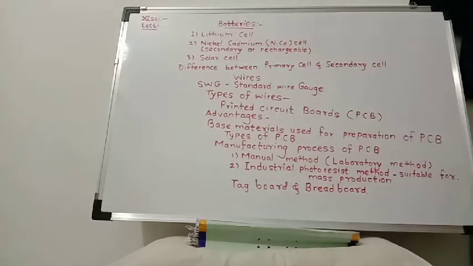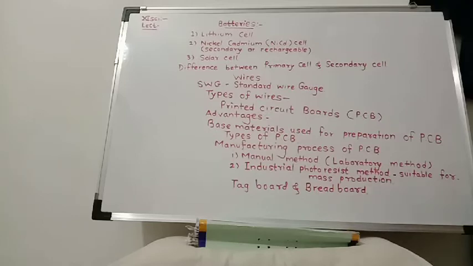So we know that when a number of cells are connected in series, then a battery is formed. Battery is formed by connecting a number of cells in series. For example, if two cells of 1.5 volt are connected in series, then a 3-volt battery is formed.